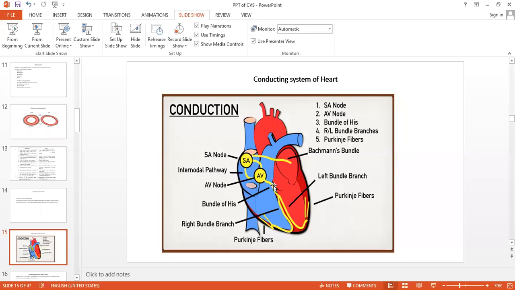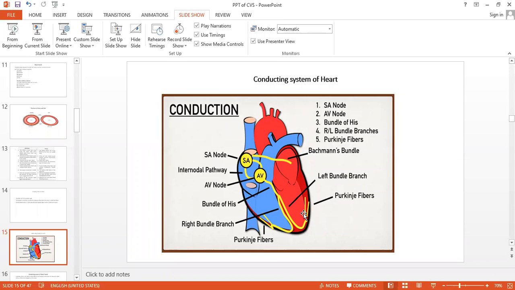which is present in the ventricular septum of the ventricles. Then it is divided into the right bundle branch and left bundle branch. Again it is transmitted to the Purkinje fibers, the division of these bundle branches. How is it transmitted?